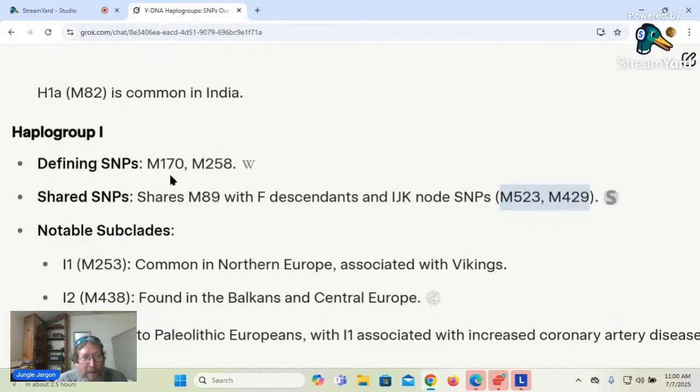But the unique marker is M70, but it's sharing, or in this case, retaining from the beginning, because in other words, this marker was always there. It's being retained both in the descendants of Japheth, which is K, and is being retained in the descendants of Shem, which is IJ, H, G, and F, going backwards from the out of Africa.